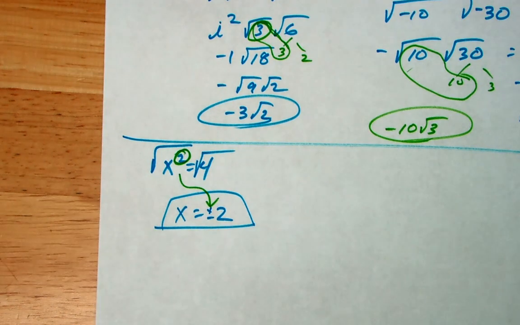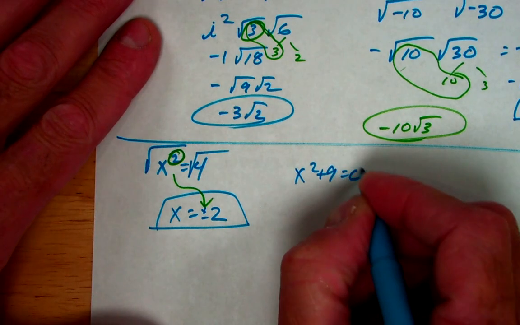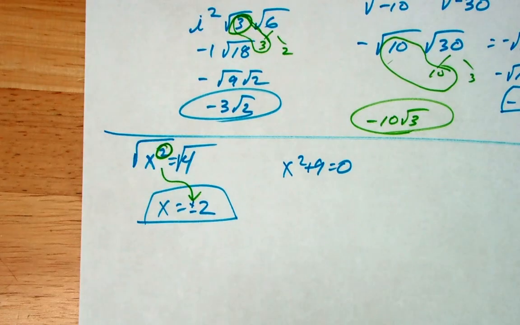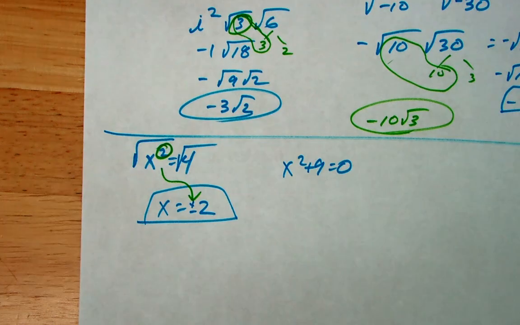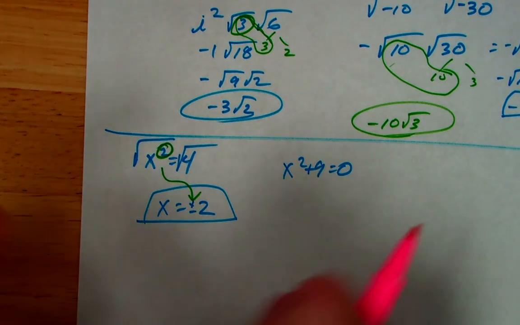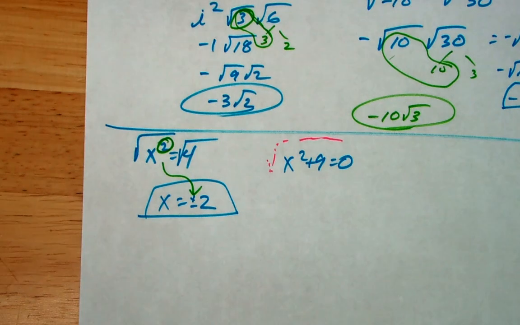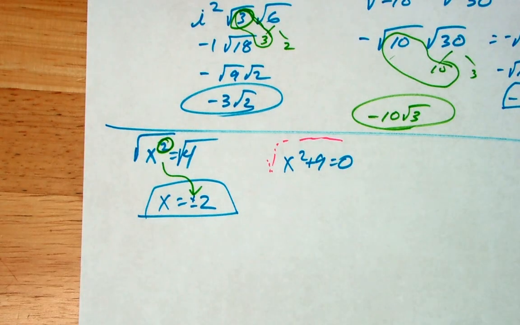Okay, so what's that going to help us do? It's going to help us do this. x squared plus 9 equals 0. Okay? I'm going to dispel a common myth. I'll use my pink pen. Absolutely not. You cannot square root a plus.